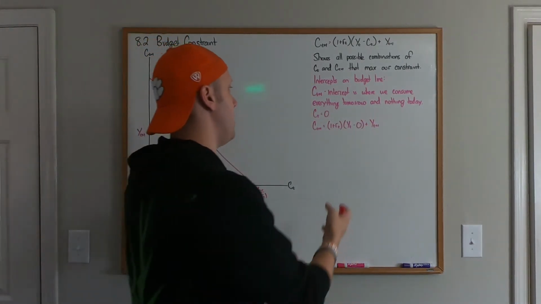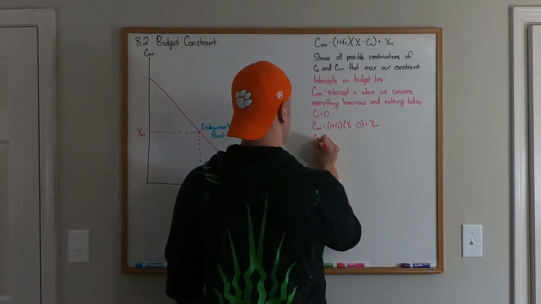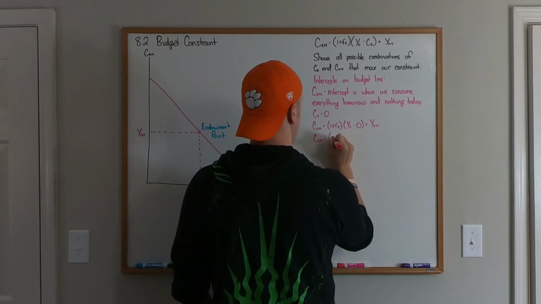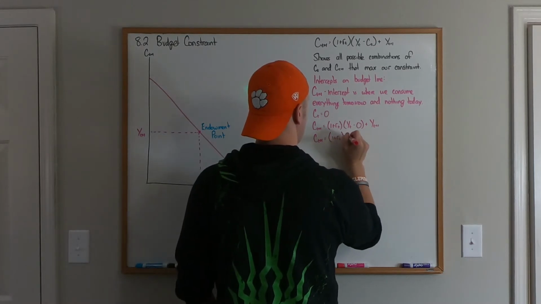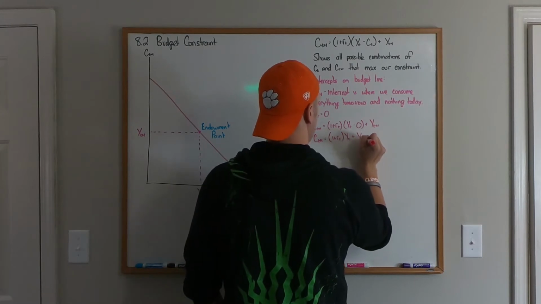I can simplify that because YT minus 0 is just YT. So I get CT plus 1 equals 1 plus the interest rate times YT plus YT plus 1.